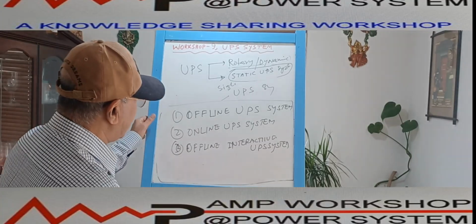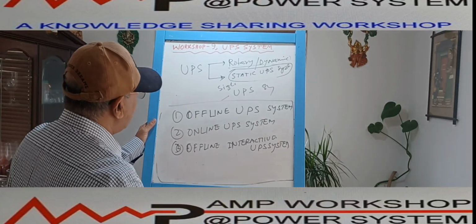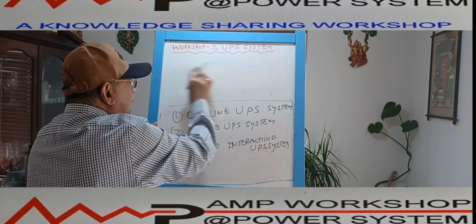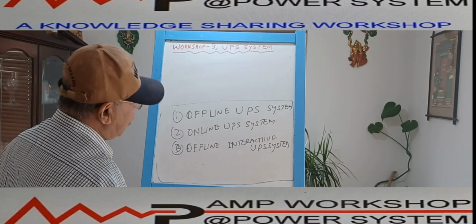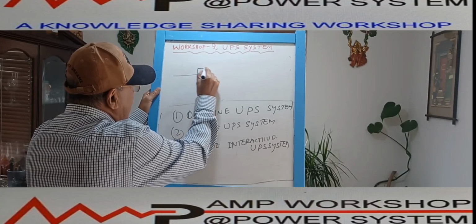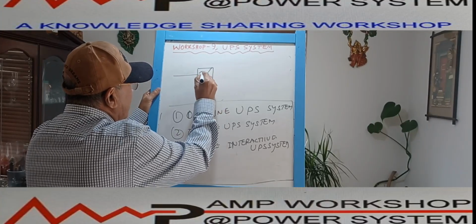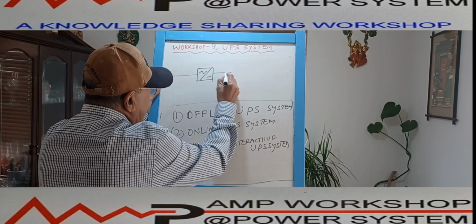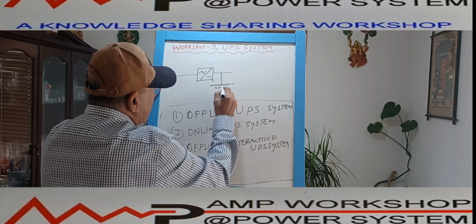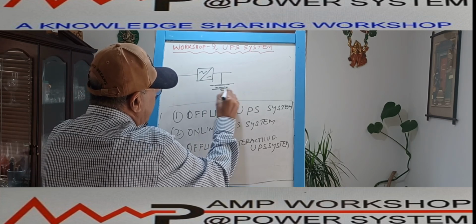From the name itself, you can make out the offline UPS system. How does it work? If we draw the UPS system, this is our rectifier. Then the rectifier is connected to the battery, this is negative, this is positive.